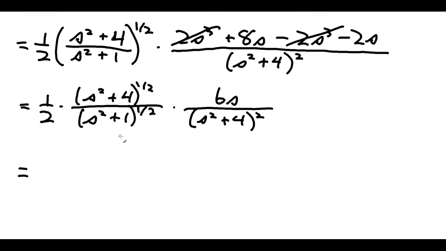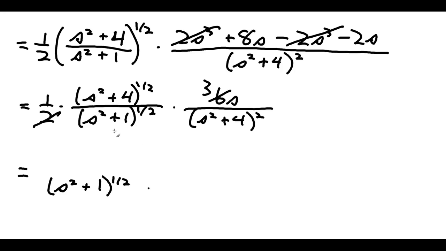Now, a few things going on here. Let's go ahead and combine these fractions and simplify what we can. This 2 is going to cancel with the 6, leaving a 3. So we'll have a 3s in the numerator. Down in the denominator, there's this s squared plus 1 to the 1/2 power.